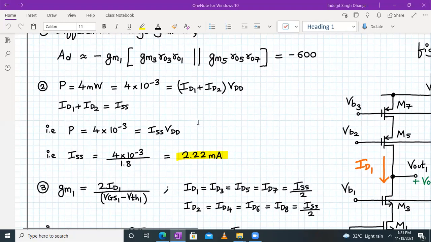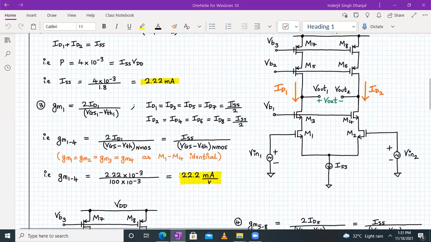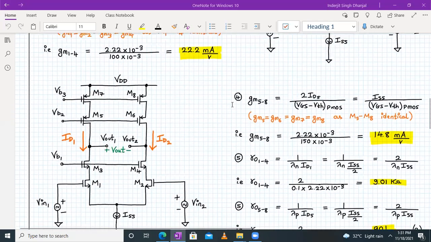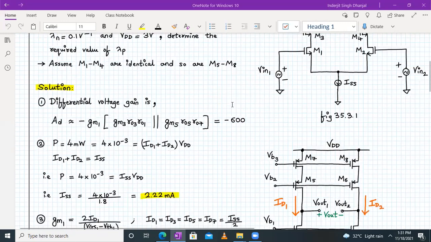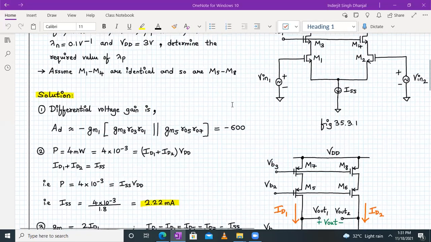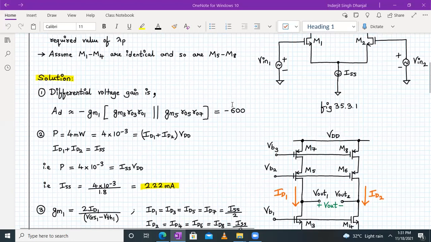Actually, is your VDD value 3 volt or 1.8? Let me cross check it once. Let me take a calculator now and cross check whether it's 1.8, because here I've written 1.8, but while writing the numerical, I've written 3 volts. So I will divide 4 milli by 1.8 and check it out.